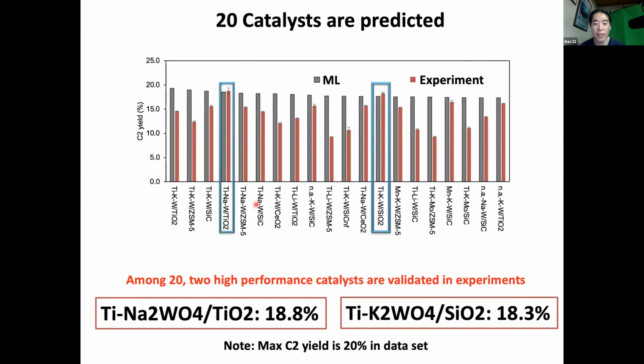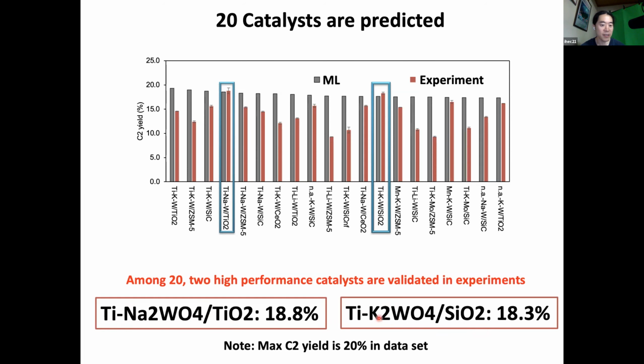And as you can see, these two catalysts here have quite a high C2 yield. We confirmed in the experiment that those two catalysts have quite a high C2 yield, which is 18% each. And the compositions of those catalysts have not been reported before. This was a completely new catalyst.